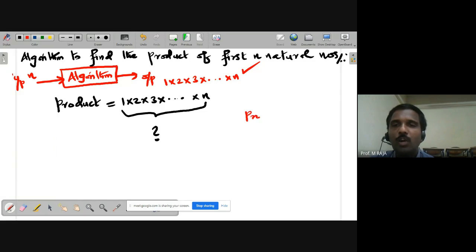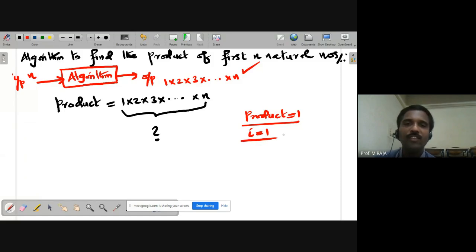I initialize product is equal to 1, and initialize another variable, for example, i is equal to 1. These variables are necessary. i determines the number of times we need to perform the multiplication. Product stores the final result after the product of n numbers.